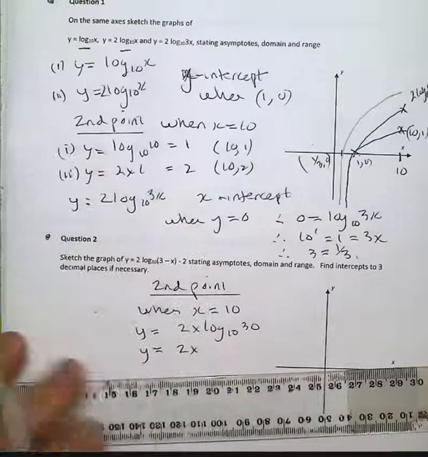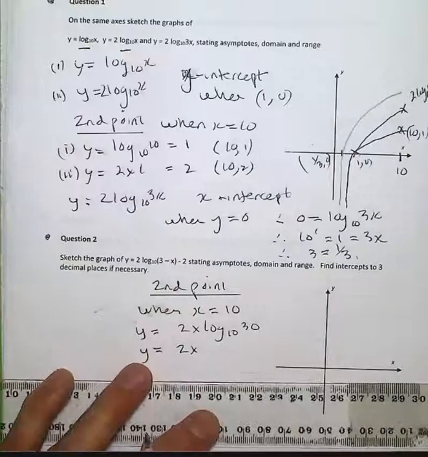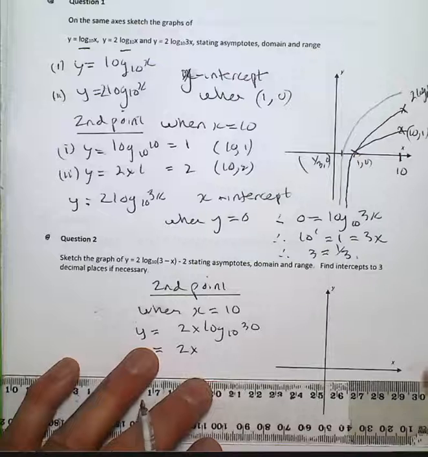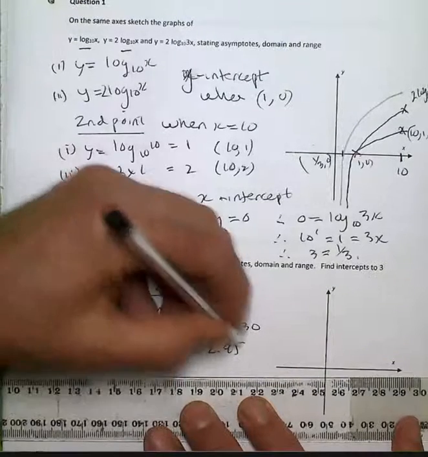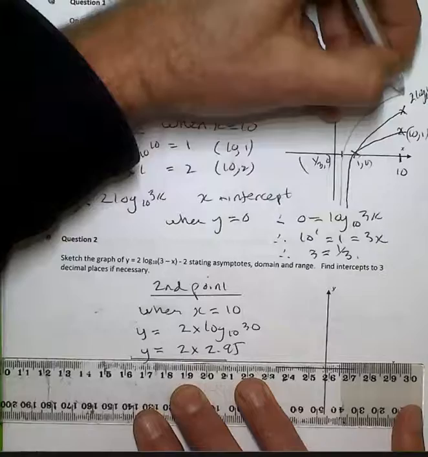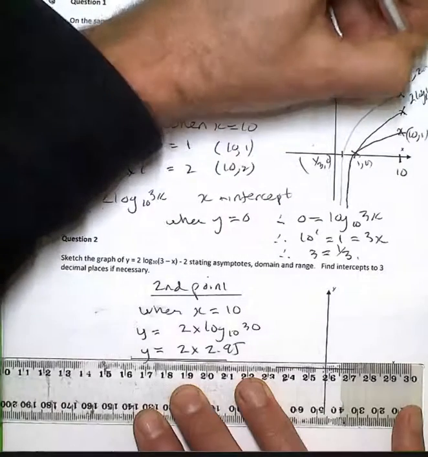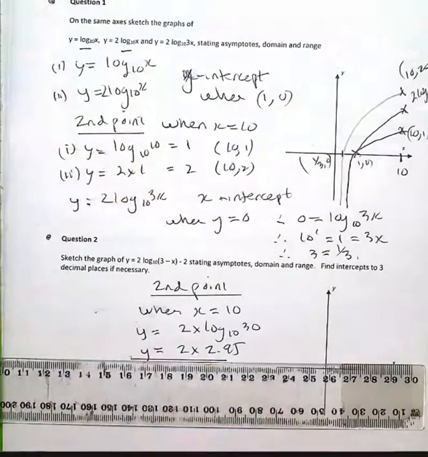I'm doing this on a separate calculator. So 2 times log of 30. I end up with 2.95. So that (10, 2.95) will be the order of the day.